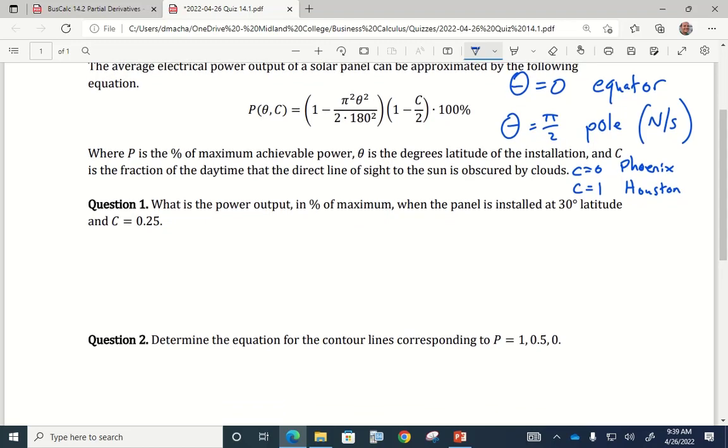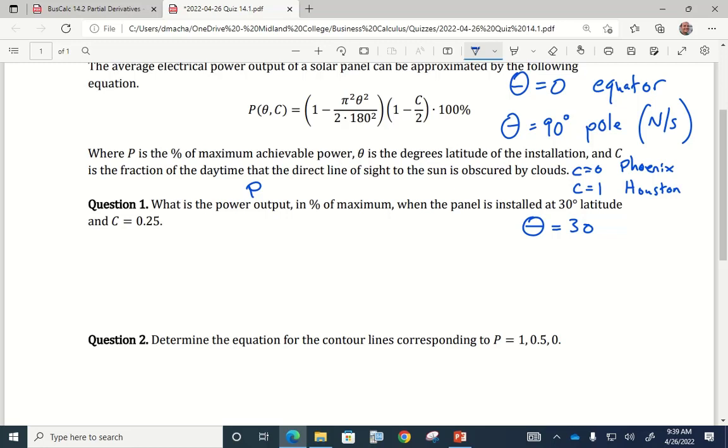Okay, so the question asks, what is the power output percent? So what is P when the panel is installed at 30 degrees latitude, so I'm going to say theta is equal to 30. I think this is in degrees, so I should say this is. Okay, there we go.